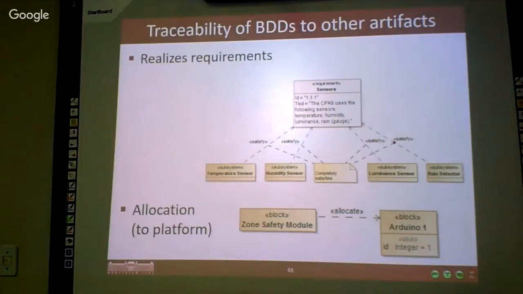And as I formerly mentioned, blocks can realize requirements, and it can be represented by this satisfy relation between subsystems and requirements. And you can also use the special type of association called allocation to platform elements. So when you develop your platform model and you also have your functions, SysML supports you to allocate your functions to your computing units.